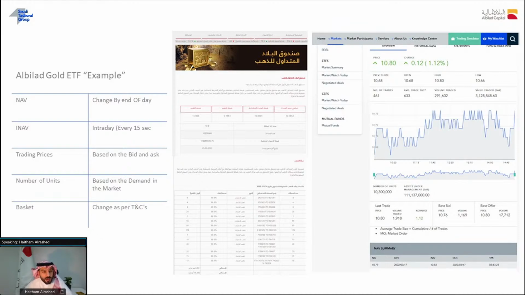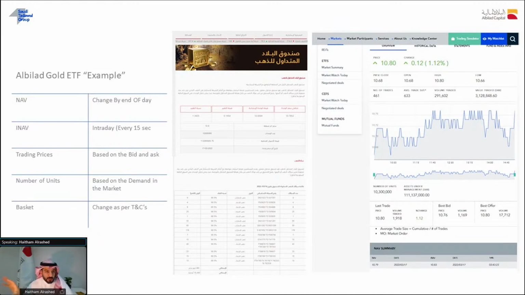ETFs have something called NAV, which is the net asset value per unit, and INAV, which is the indicative net asset value per unit during the trading hours. It is mainly similar to NAV, but it is called indicative due to the change in pricing during market trading. On the Tadawul website, the first line is the pricing, and the other relative pricing information available is the previous close, open, high, and so on.